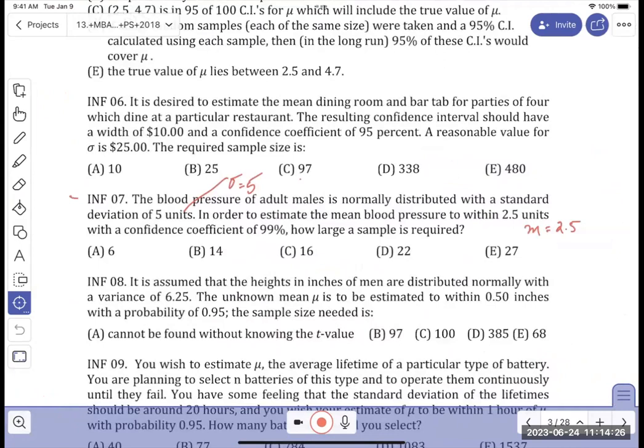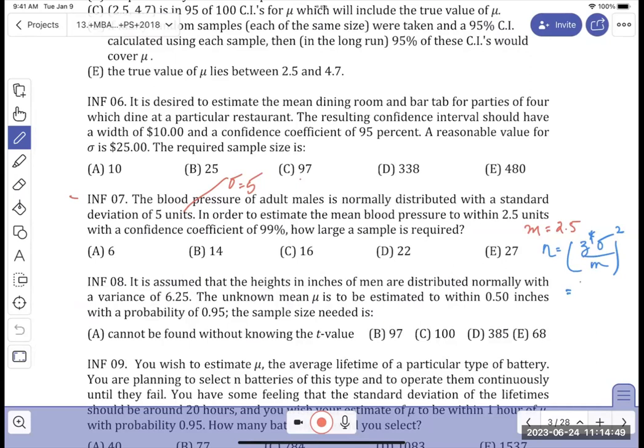N equals Z star, the master formula. So Z star for 99%, we can get that from our T table.